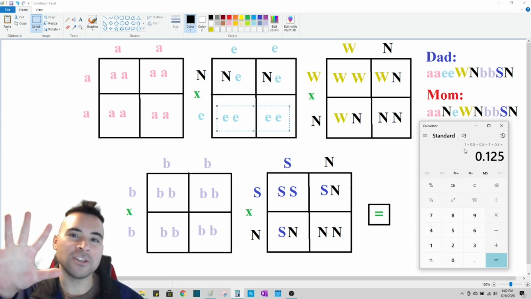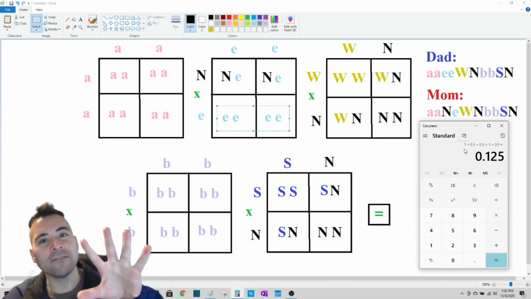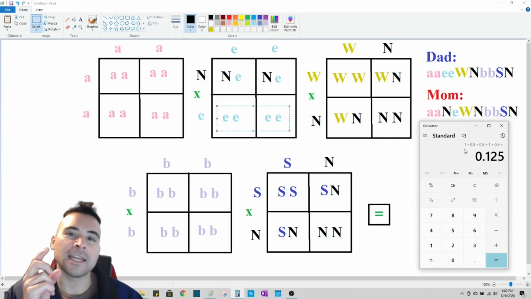So you took the 5 genes of the dad, combined it with the 5 genes of the mom, and we just calculated that 12% of the babies will be that specific genetic outcome.